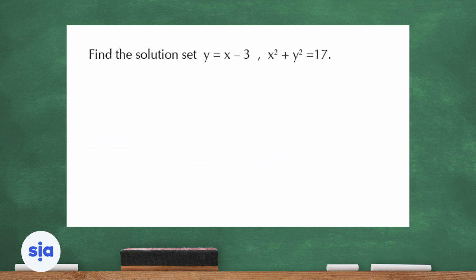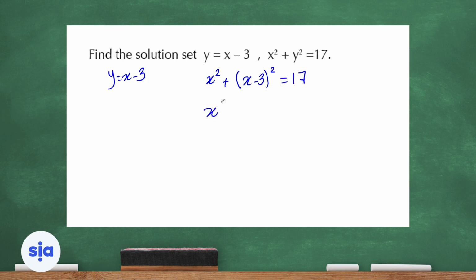One more question. The question says, find the solution set of y equals x minus 3 and x squared plus y squared equals 17. It's ready for you to substitute y equals x minus 3 in the other equation. So in the other equation, x squared plus (x minus 3) squared equals 17.